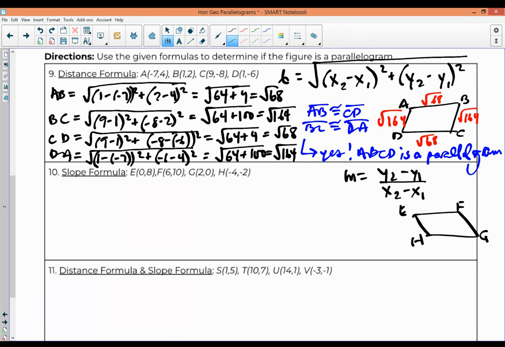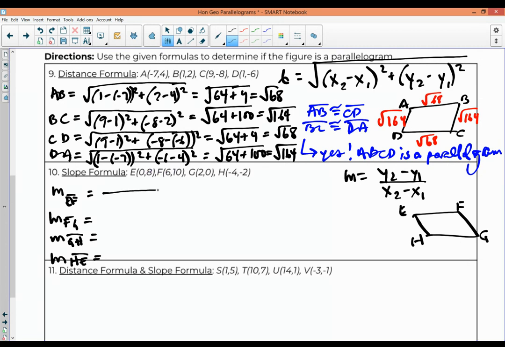So the sides I want to find the slopes of: EF, FG, GH, and HE. I'm using those subscripts there to signify which segment I'm using.